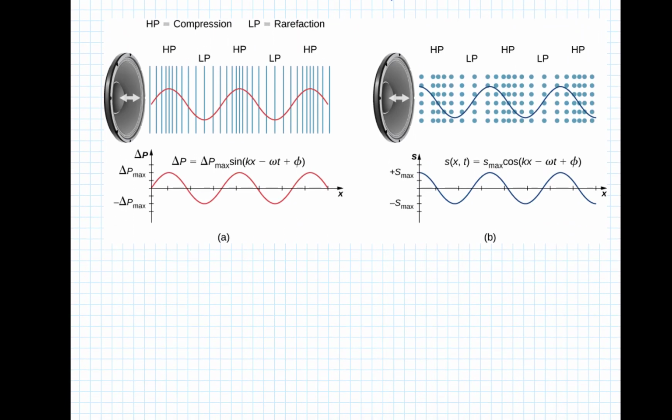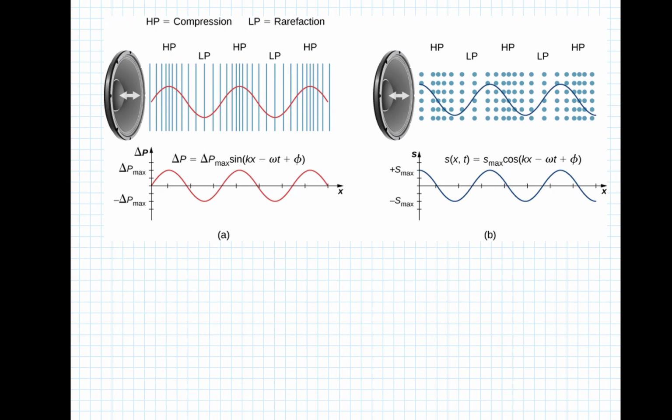In this picture we can see that as the speaker vibrates, the fluid of air begins to oscillate back and forth. And on the left picture in the red graph, you can see that the change in pressure initially is 0. So that is saying that the part right next to the speaker has no change in pressure. So that's sort of the same as what the pressure is outside.